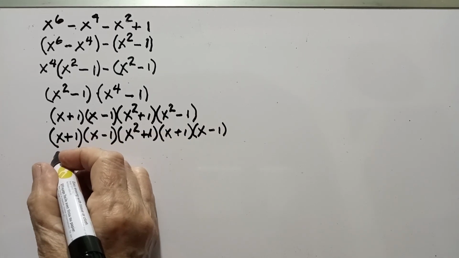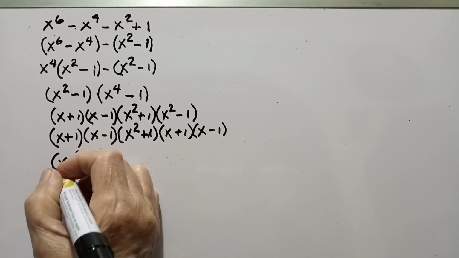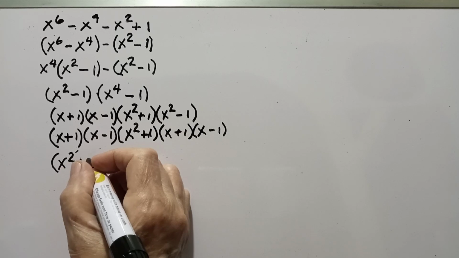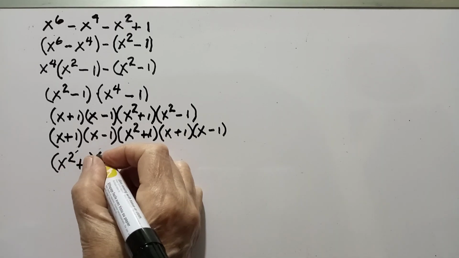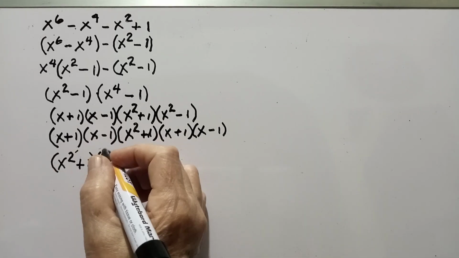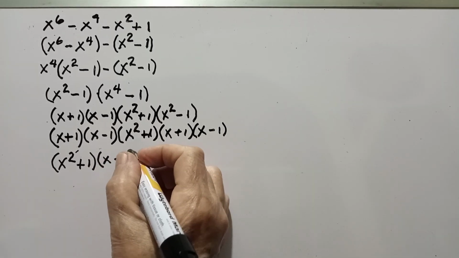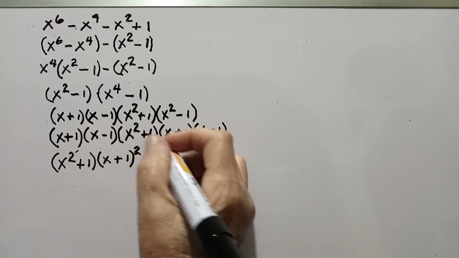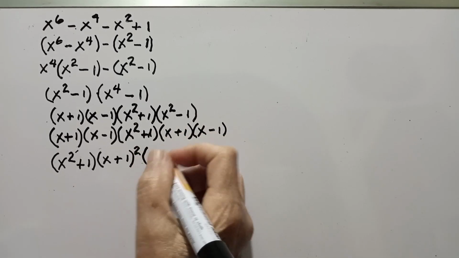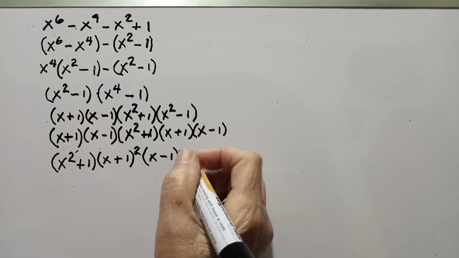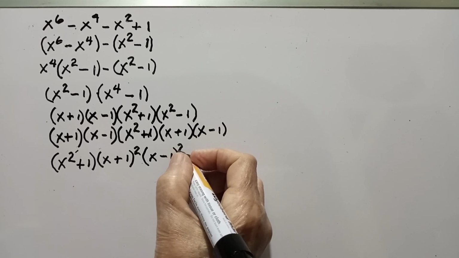So we have x squared plus 1 times quantity x plus 1 squared times x minus 1 squared.